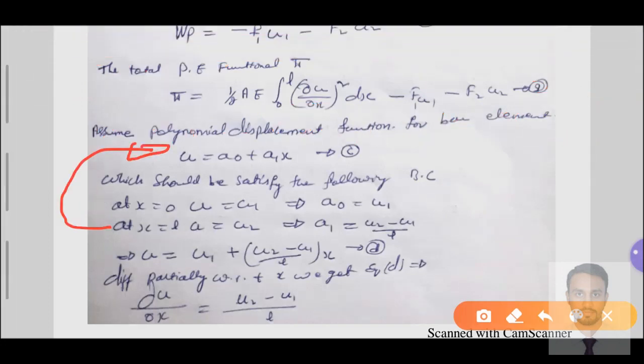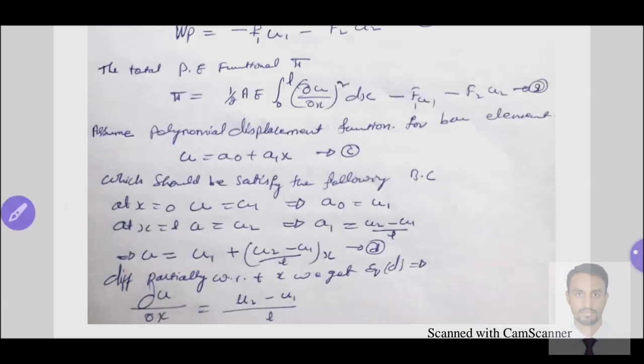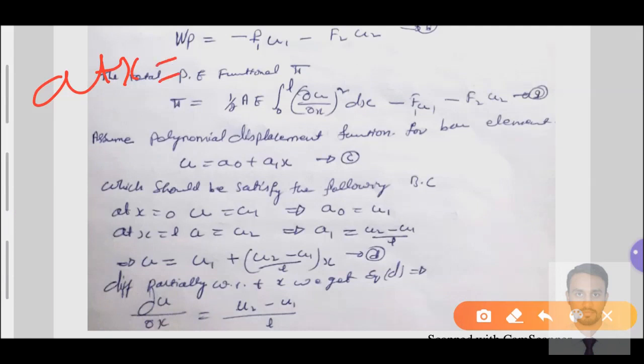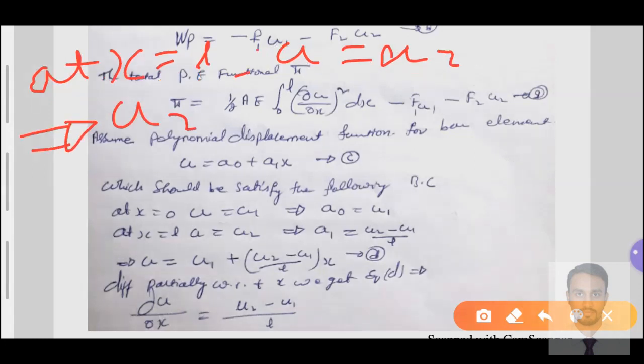Similarly, we apply boundary condition number 2 to equation c. At x is equals to L, u becomes u2. Then equation c becomes u2 is equals to a0 plus a1L.